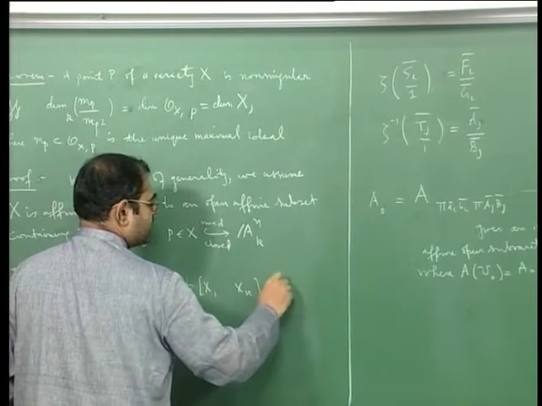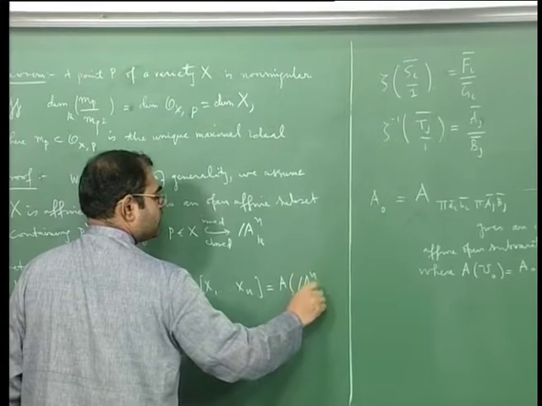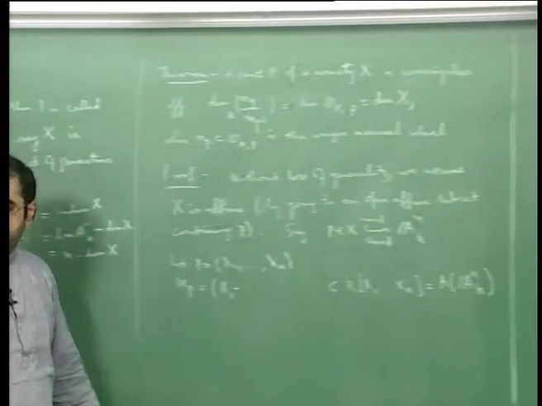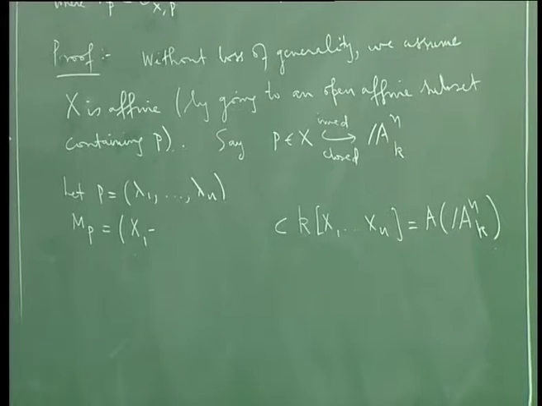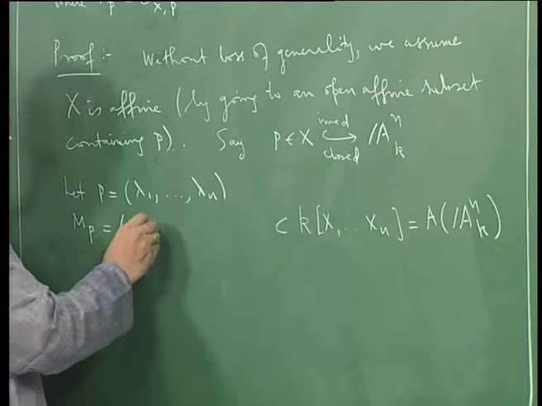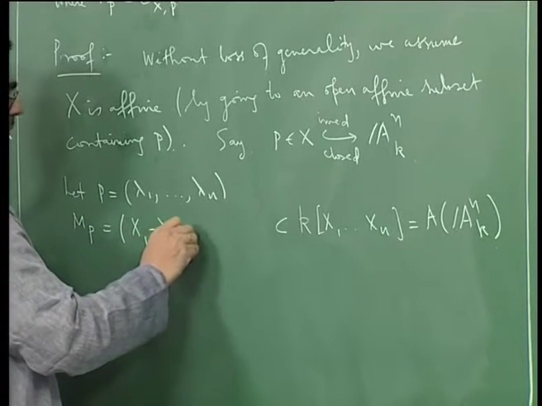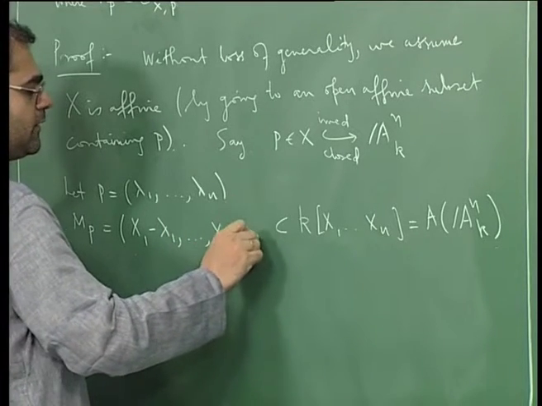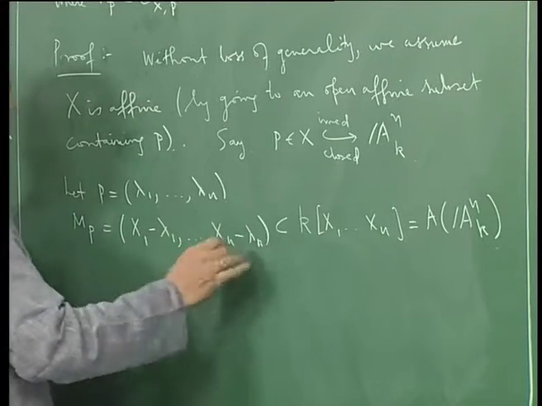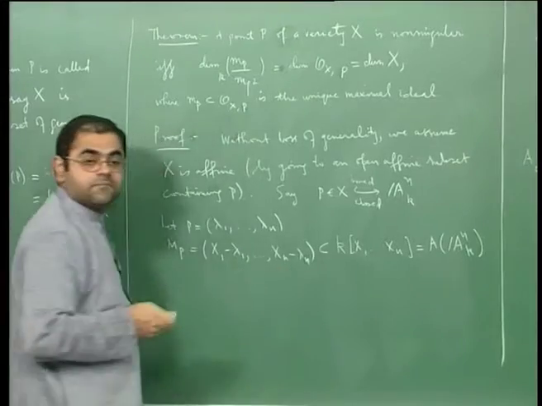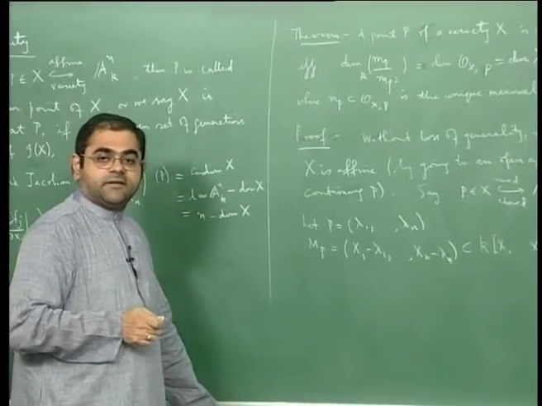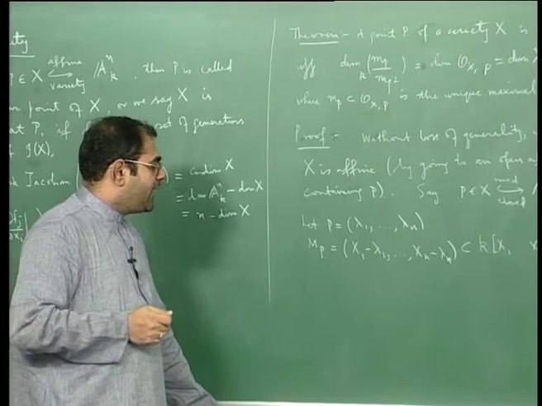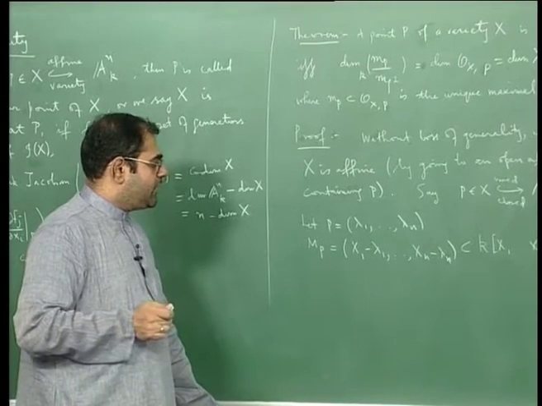This is the affine coordinate ring of A^n, and the maximal ideal which corresponds to this point is the ideal generated by the xi minus λi.